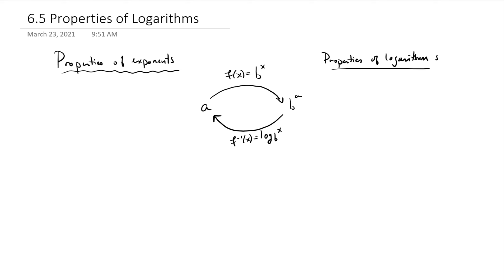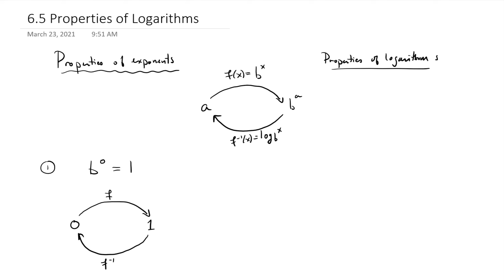For property number one, we know that we've got this identity, b to the 0 is equal to 1. In other words, 0 is sent onto 1 through function f. That means that through f inverse, 1 is sent onto 0.